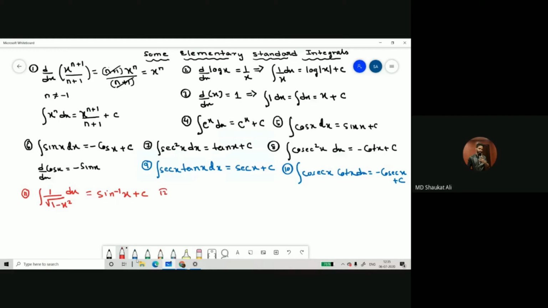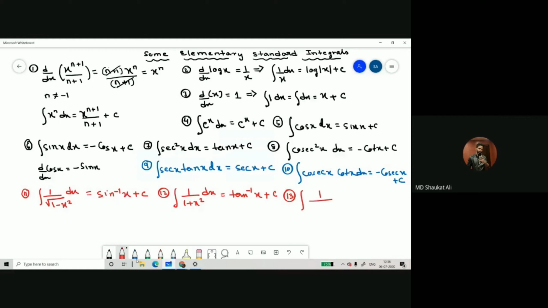Look at the next one. Similarly, if I have integration of 1 by 1 plus x square dx, this we all know will be tan inverse x plus c, because d/dx of tan inverse x is 1 by 1 plus x square. These are some of the standard integrals which I'm talking about.